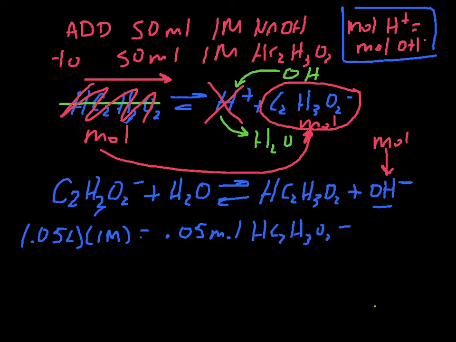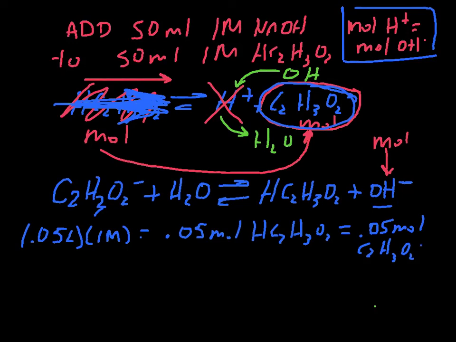And because of this that I was talking about, how all of that now has been neutralized, left behind the same number, 0.05 moles of the C2H3O2 minus. Well, it's in a new volume, alright? So I got to figure out what the new volume is going to be. Well, the new volume is 100 milliliters.